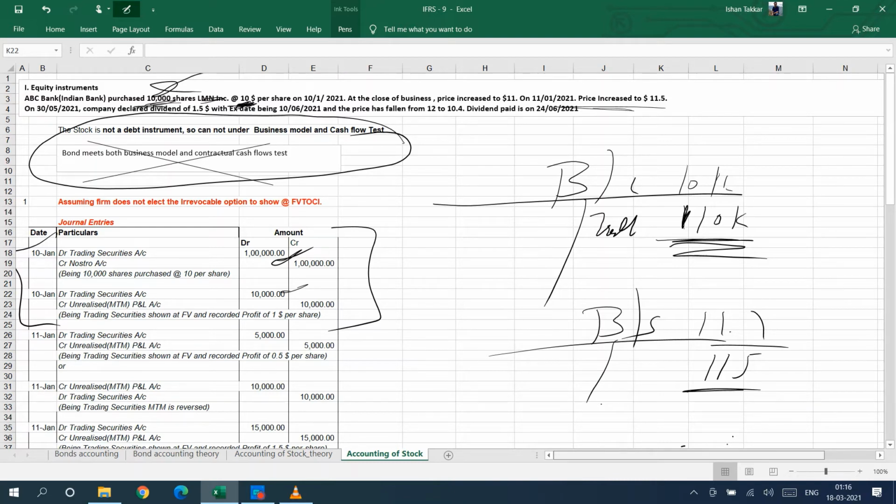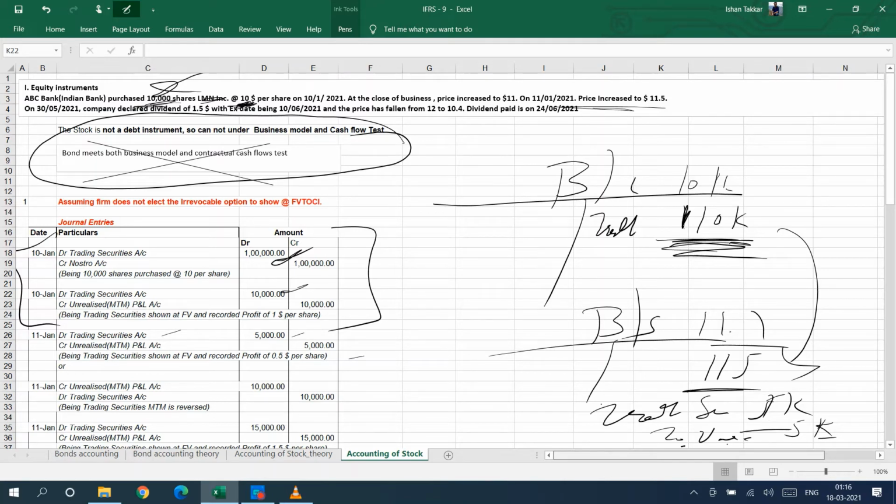You have an asset of 110K, so you need to increase it. You will pass trading securities account debit 5K, on top of the 110K asset you already have, and credit unrealized P&L. So you take 5K more to the P&L. Trading securities account debit to unrealized P&L.